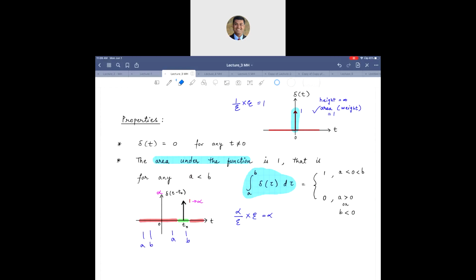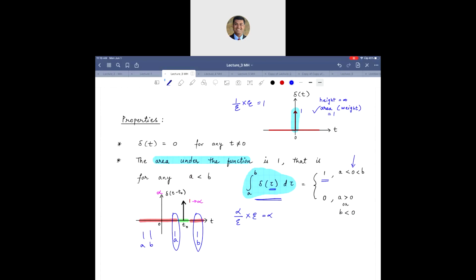But for example, if you have a here and b here, and you are integrating from a to b, then the impulse is being integrated over and you will get a 1. If there is no time shift, t0 is 0, that's what we have over here. Otherwise, it will be t0.